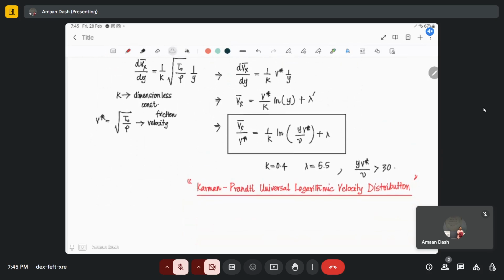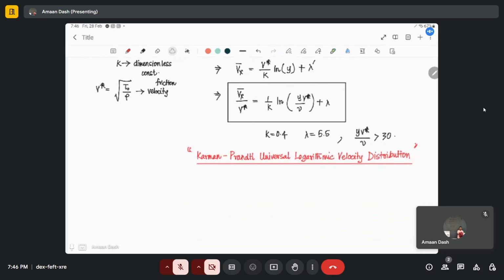So it was shown that this K and lambda were not exactly constant values, but vary in some ranges, like K from 0.4 to 0.44, lambda from 5 to 6.3, and many such reports were there. So these were not particularly constants. Okay, later it was found out experimentally that although it can well explain the time-smoothed velocity beyond the inertial sublayer, with more modifications people found out more.